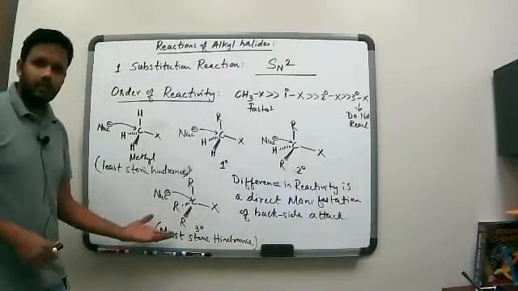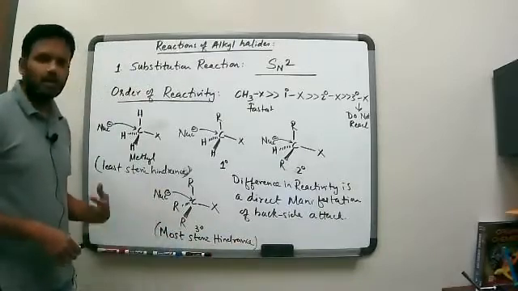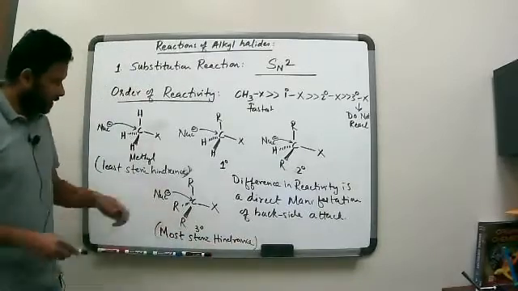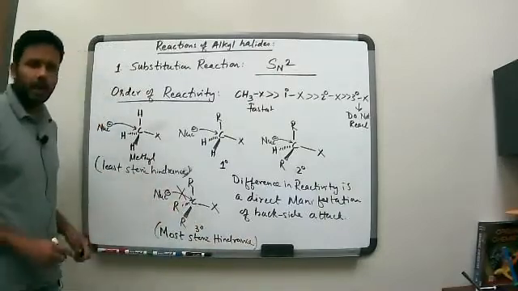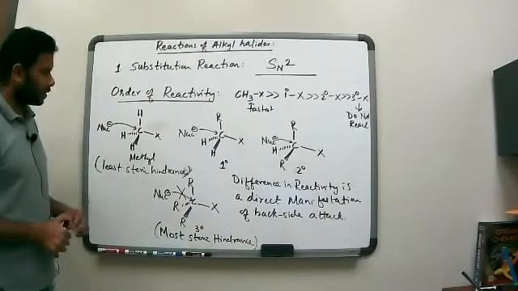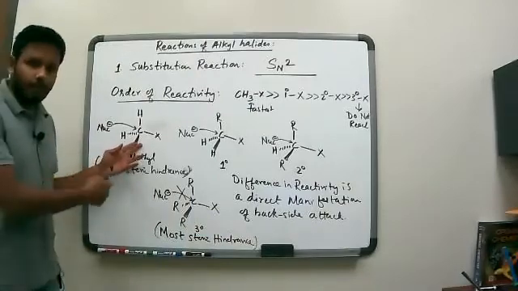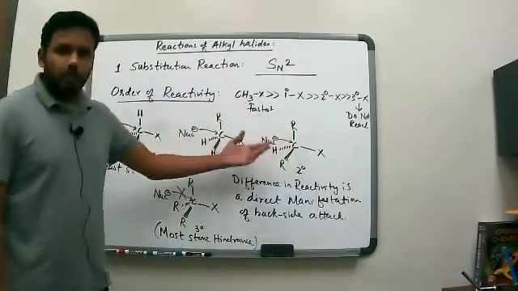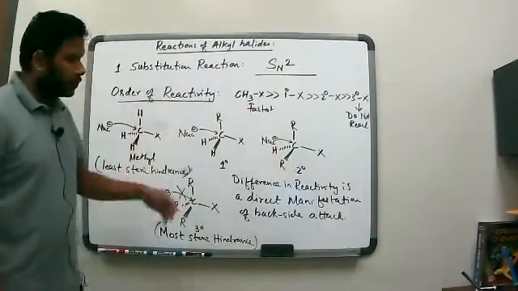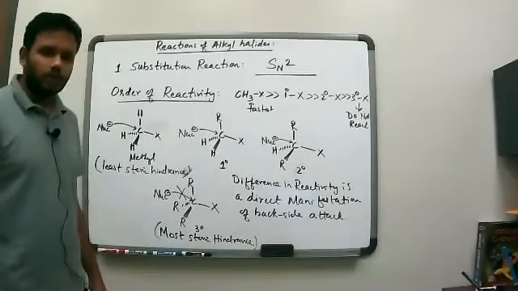And because of that, what happens is tertiary does not react. It does not even let the nucleophile come and do that attack. That does not happen in a tertiary alkyl halide. Methyl would be the best, primary would be the next, secondary, it is slowing down. Okay, so those would be the slowest for doing an SN2 type of reaction.